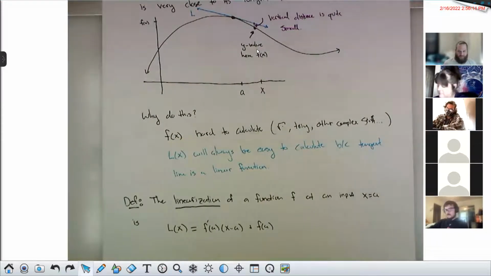And this is called the linearization of f at a. It's also called the first order Taylor approximation for f at a. And you'll hear more about that in Calc 2 when we talk about second order, third order, infinite order approximations. But for now, we should think of it as the tangent line.